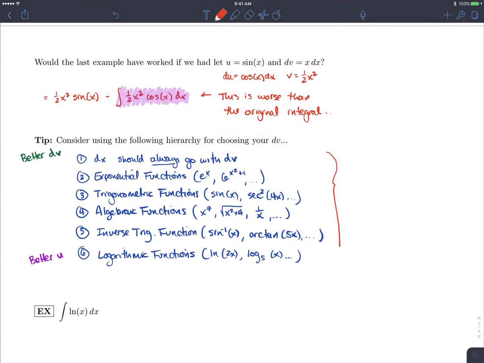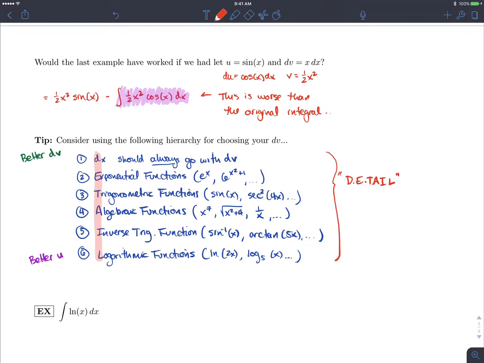And if we look at the first letter of each of these that I've put out here, we could remember this using the acronym DETAIL. That might help you remember this. Like, okay, I need to pick my dv. What do I choose? You run through this. So the acronym DETAIL may help you with that.